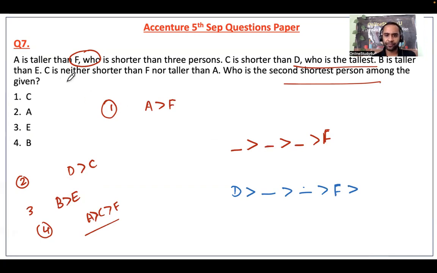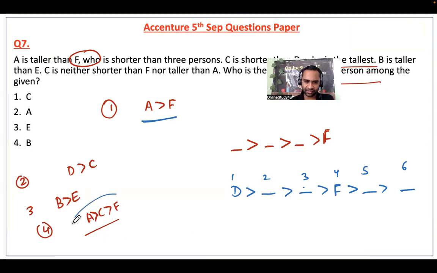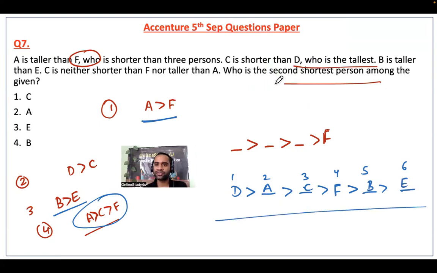A, B, C, D, E, F. So 1, 2, 3, 4, 5, and then total 6 members we have. Fine, no problem. Then what they're telling: A is greater than F, right? So A will come here. A is greater than C, and A is greater than F also. And then they're telling B is greater than E. So this is the correct arrangement. Now, who is the second shortest person among the given? When we arranged, B is becoming the second shortest person. So option B will be the correct answer, right?